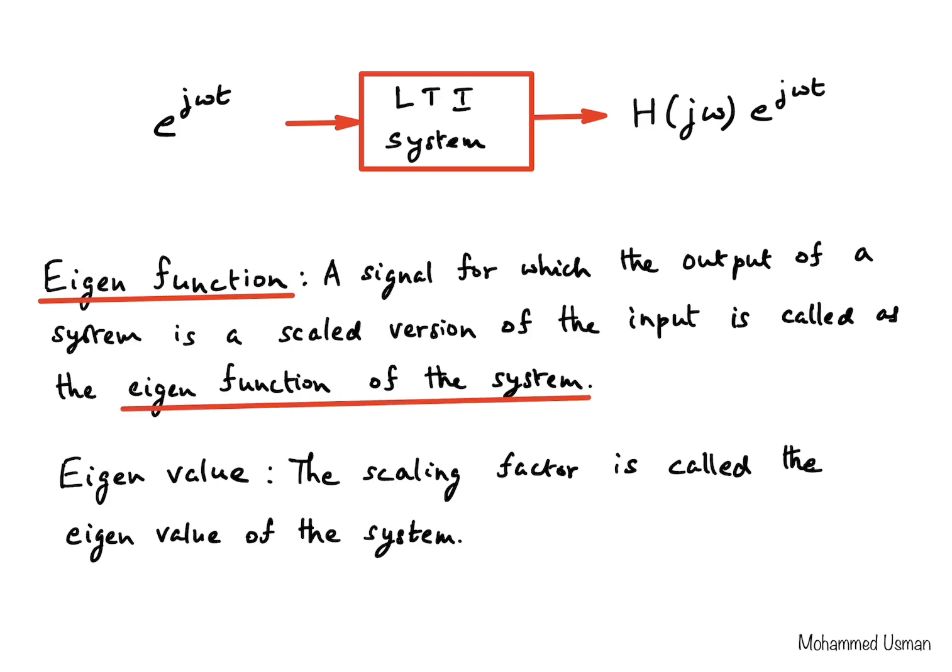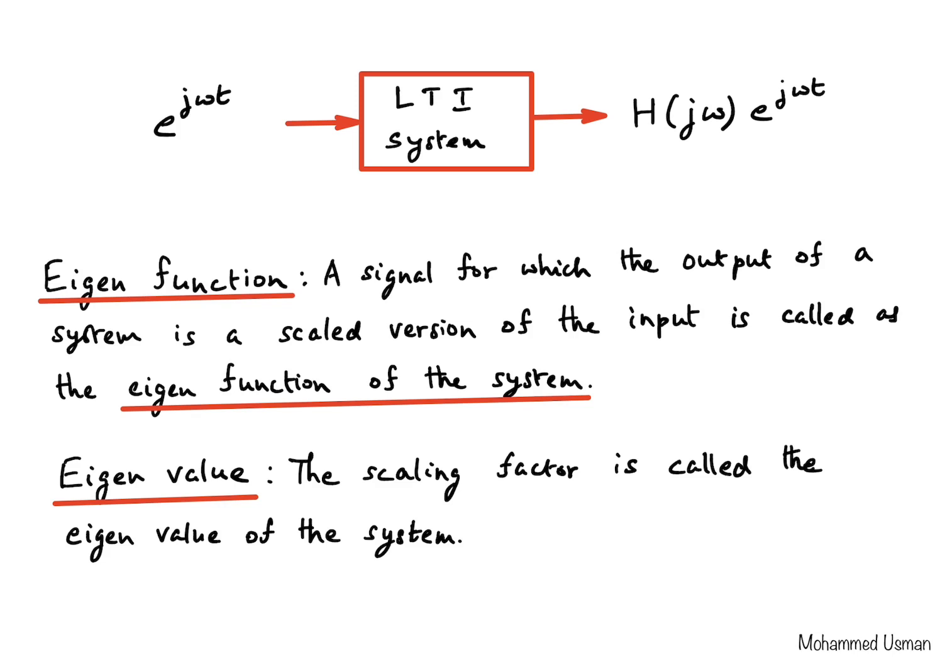Now the scaling factor that gets applied at the output, that h of j omega, is called the eigenvalue of the system. So the eigenvalue is the scaling factor that gets introduced at the output of the system when we apply the eigenfunction at the input.